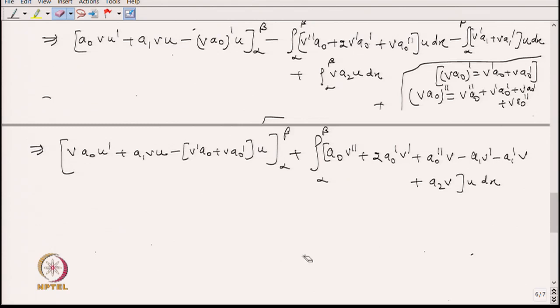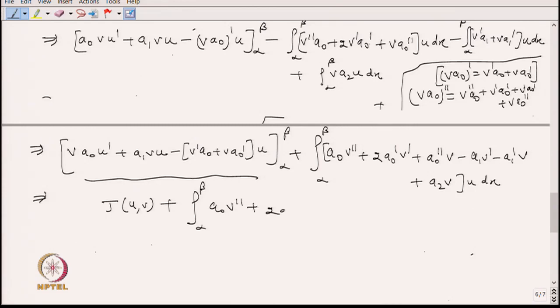Now, from here I will write this quantity, whatever I am writing, as a factor J, which is a function of u and v, plus this integral, whatever integral we just got, of A naught v double dash and so on, times u dx.